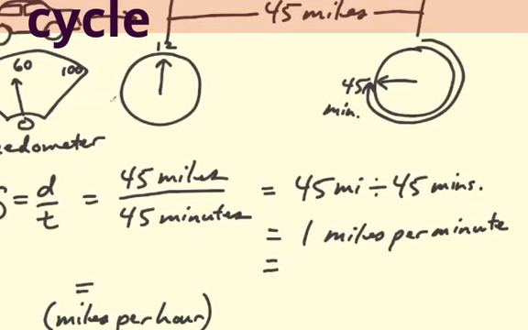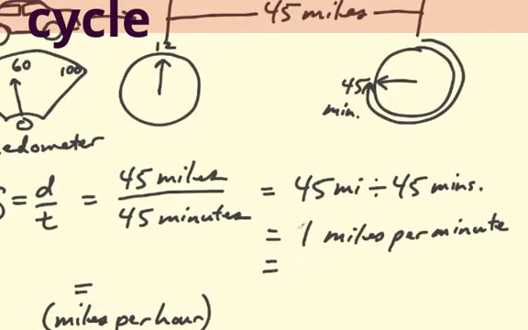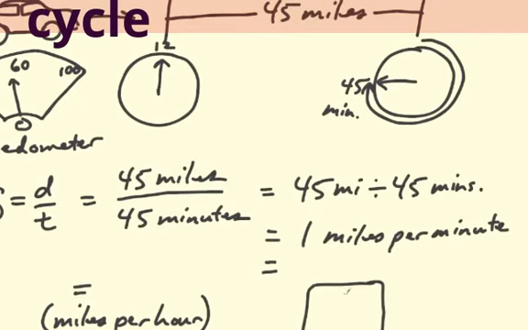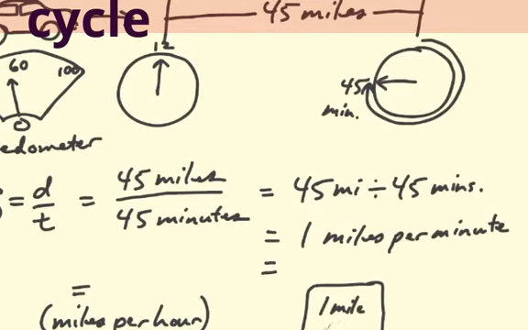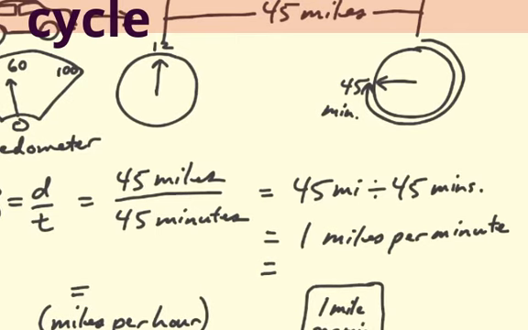So what does a mile per minute mean in car speed? Because cars aren't really measured, their speed isn't measured in miles per minute. We're not going to be seeing the maximum speed as 1 mile per minute. Right?